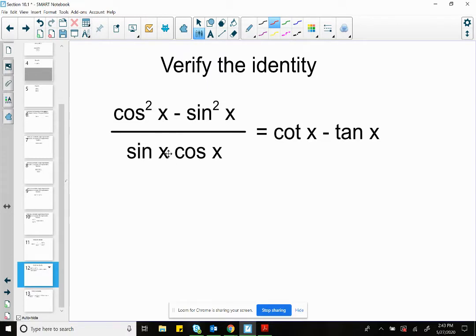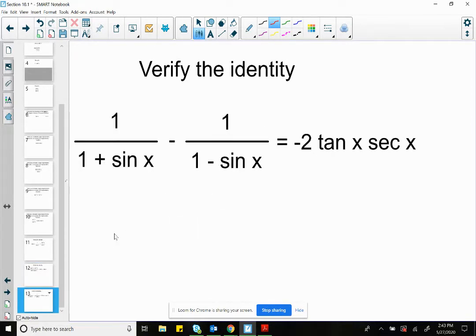Start with the more complicated side here and take it to this guy. Okay? Just like another example right here. This is like the last example. Start with this more complicated fraction side and get to this one. Okay? It's easier to deal with this than it is to take it backwards from the simplified side. Okay?